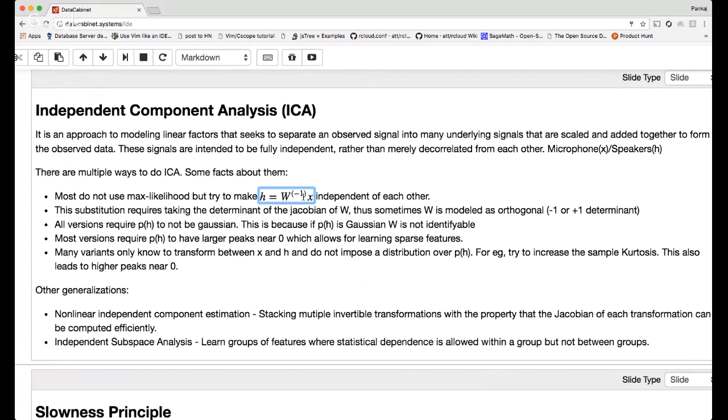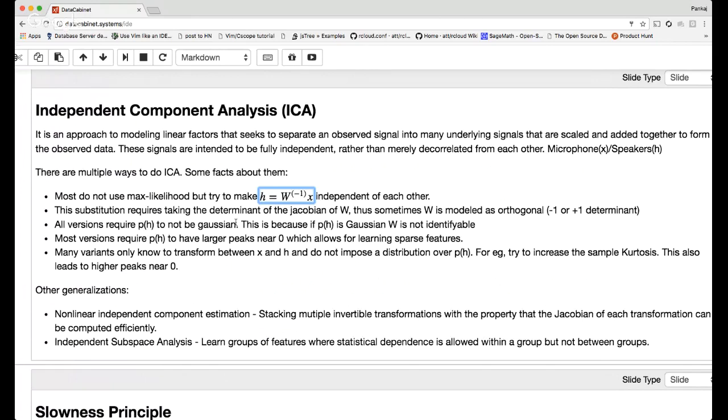That's another thing that they try. Also, for the assumed distribution of H, they try to make it non-Gaussian, because for Gaussian you cannot get a unique W if you model it as Gaussian, because other methods all model H to be Gaussian.